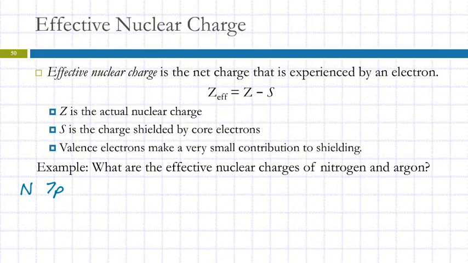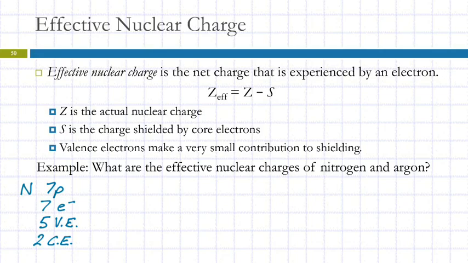And how many valence electrons do we have? What group is it in? It's in group 5. It's got 5 valence electrons. It has a total of 7 electrons because it's got 7 protons. So if it has 5 valence electrons, how many core electrons does it have? 2. Right, so it's got 2 core electrons.